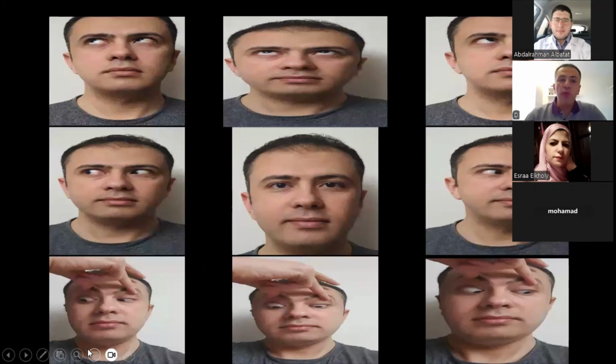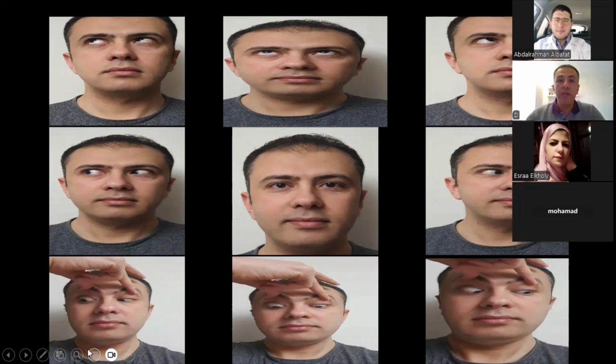But if you look to the right gaze, what will happen? You will have an abducted eye by the action of the lateral rectus, and the adducted contralateral eye with medial rectus function. And you know well the direction of action of each muscle.